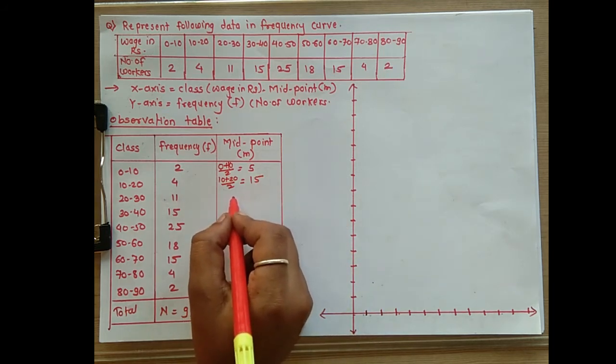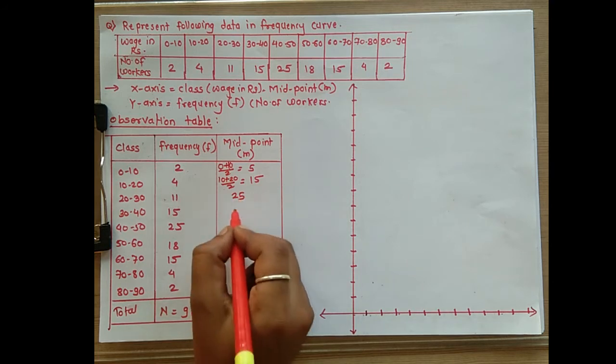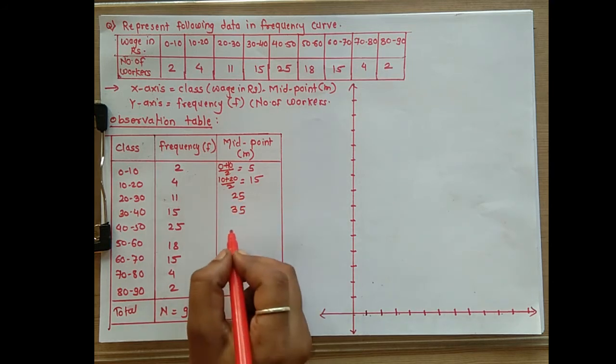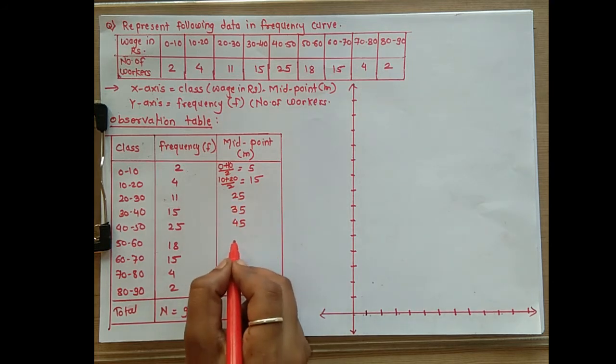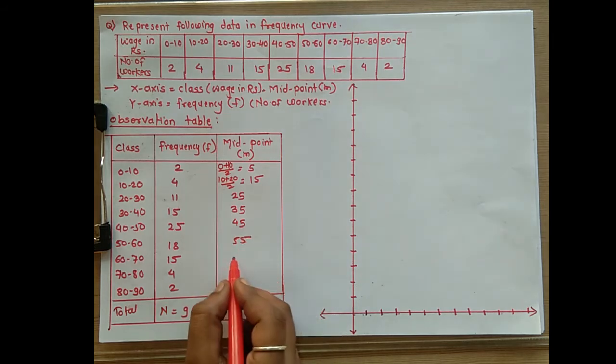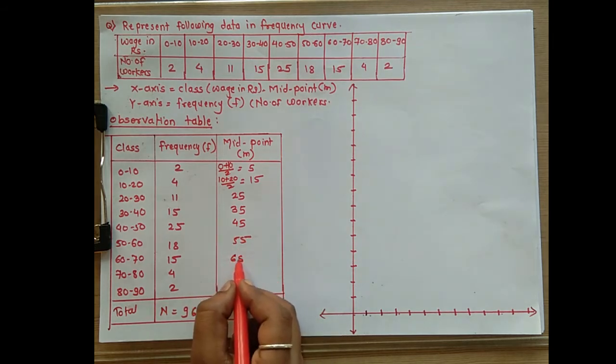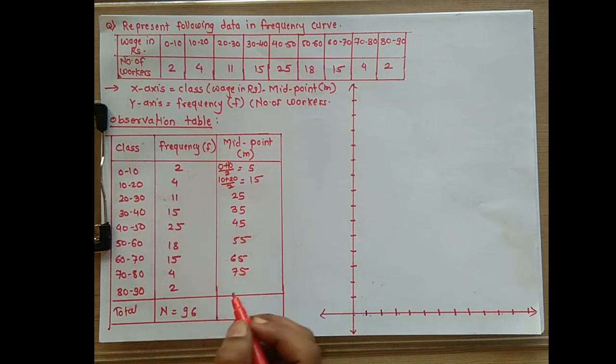In the same way we get 25, 35, 45, 55, 65, 75, 85. Here is the summation of frequency which is 96. We do not need the summation of midpoint.